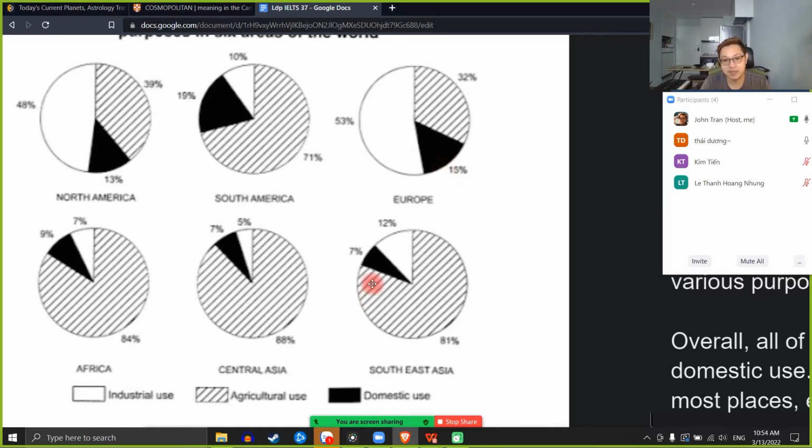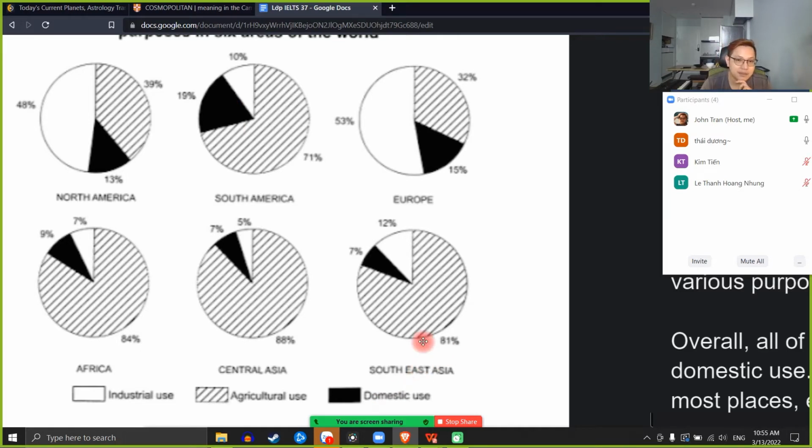Một cái sự so sánh như vậy, gấp 2 lần, bằng nửa gì đó. Or you can say Africa uses only like half of what South America uses for domestic use, for example. Có thể nói là châu Phi xài khoảng một nửa so với South America thôi, chẳng hạn.